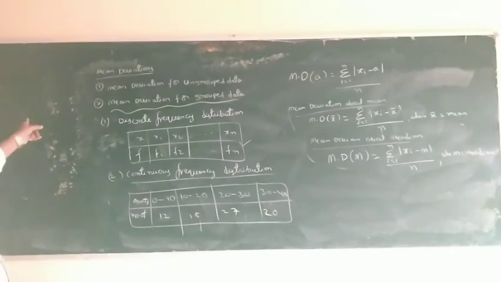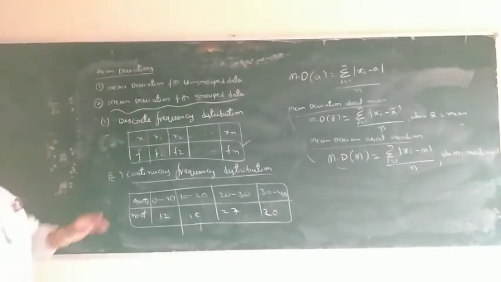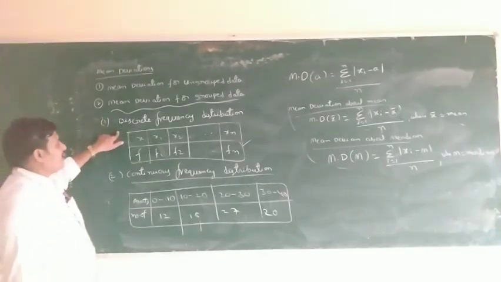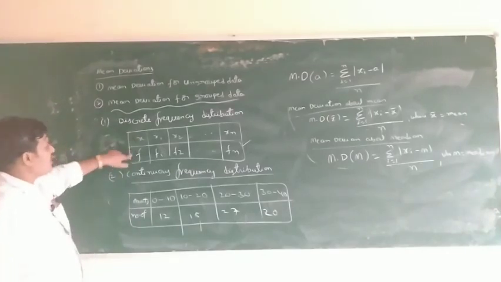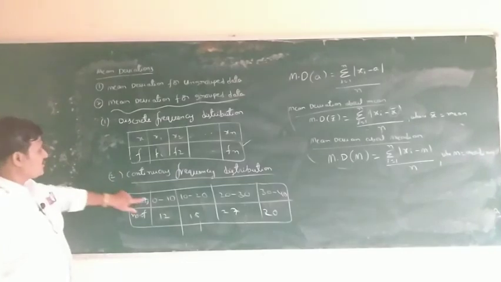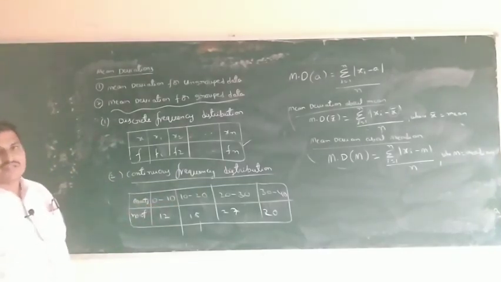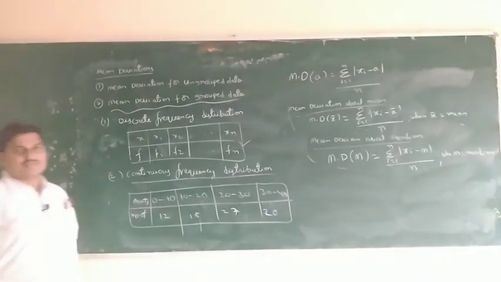Ungrouped data has only observations. Grouped data has two types. Observations and frequencies are called discrete frequency distribution. Class intervals and frequencies, such as number of students, mean continuous frequency distribution.